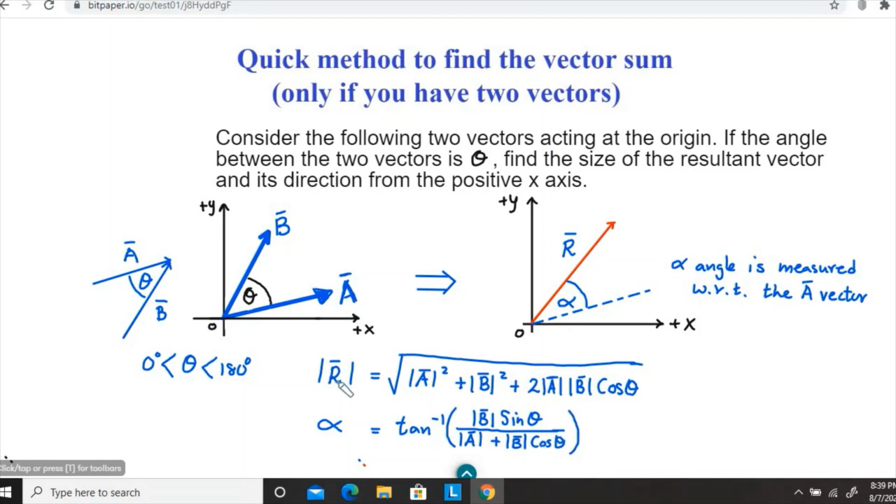I'm not going to derive how to get this expression, but it can be derived. Simply, we can use these results to find the resultant if we are given two vectors.